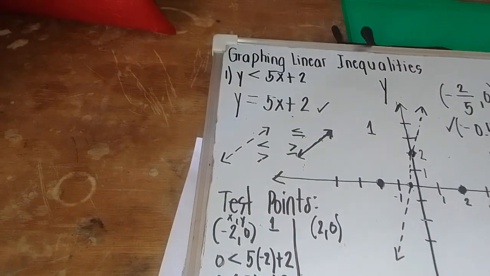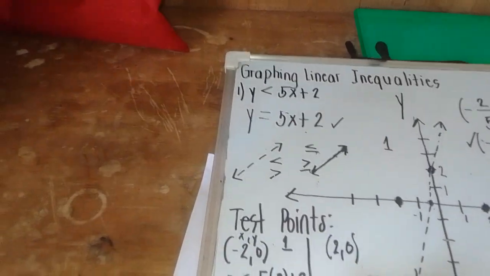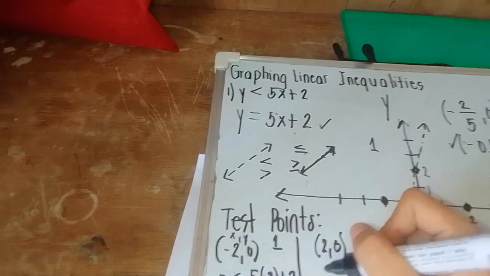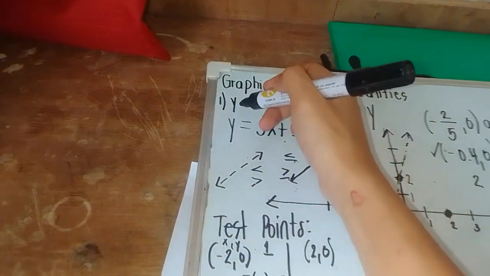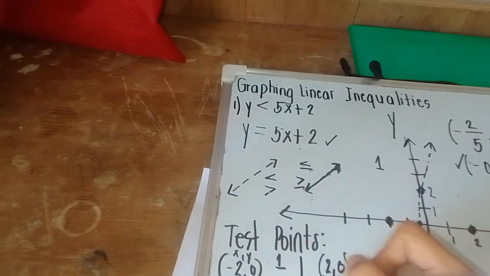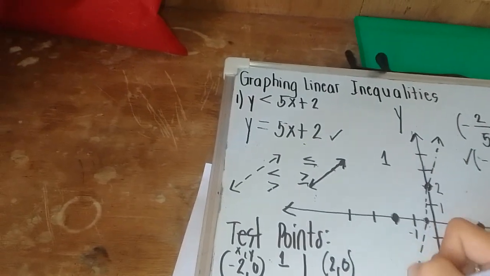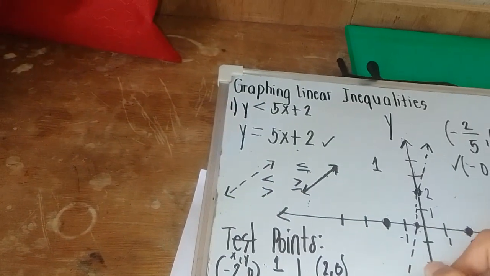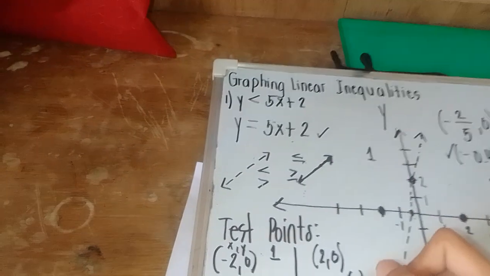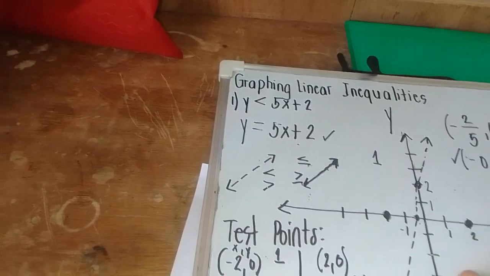But let's check first if the sample ordered pair from region 2 is true. Using the same linear inequality, y less than: y is 0, so 0 less than 5 times x, which is positive 2, plus 2. Simplify: 0 less than 5 times 2, that is 10, plus 2. So 0 is less than 12.